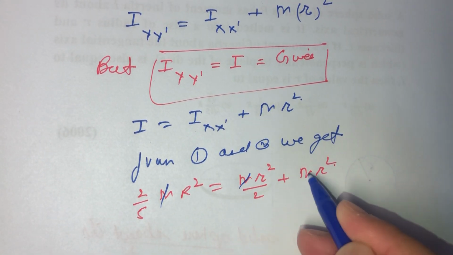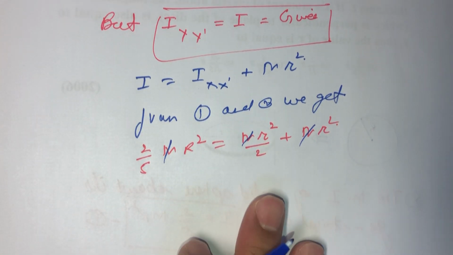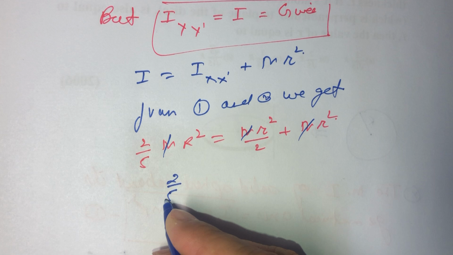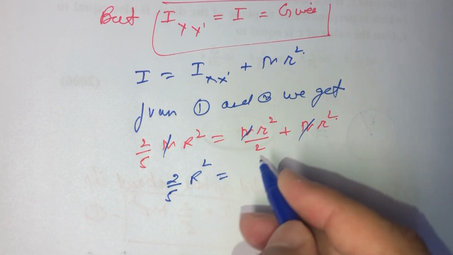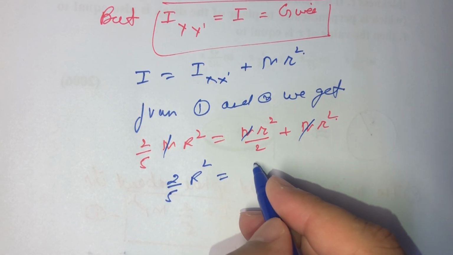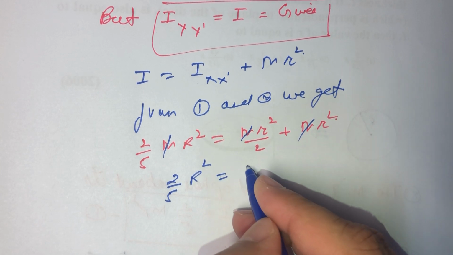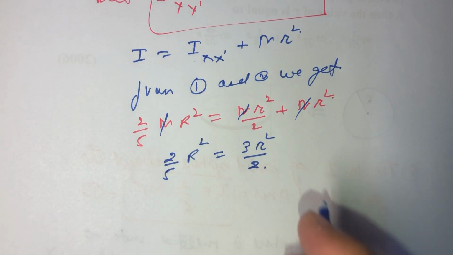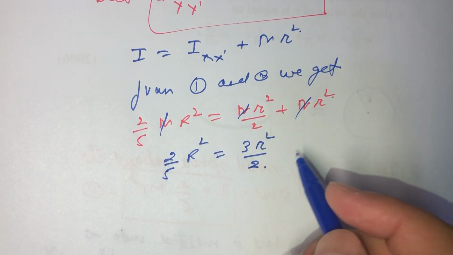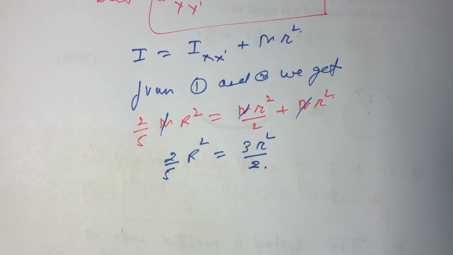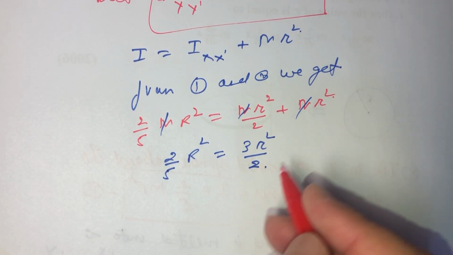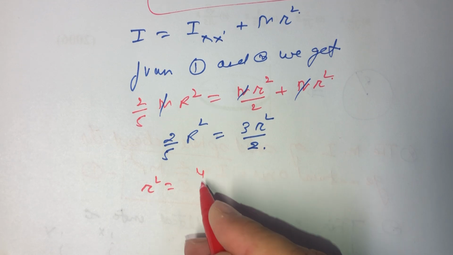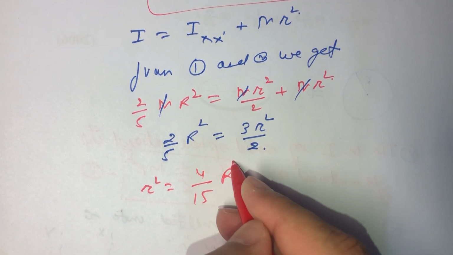Here m cancels throughout, so we are left with 2 by 5 R square is equal to 3 r square by 2, and solving it further, we can say our r square will be equal to 4 by 15 capital R square.